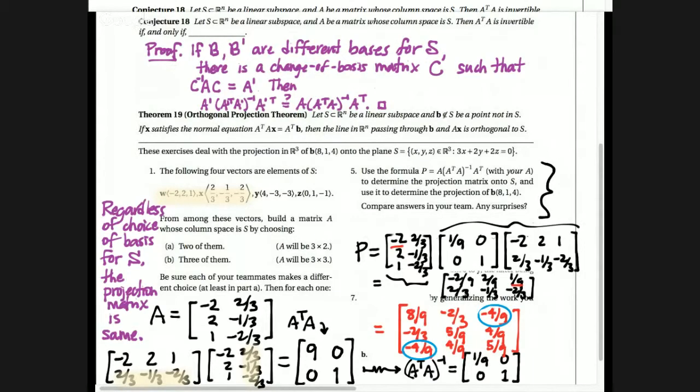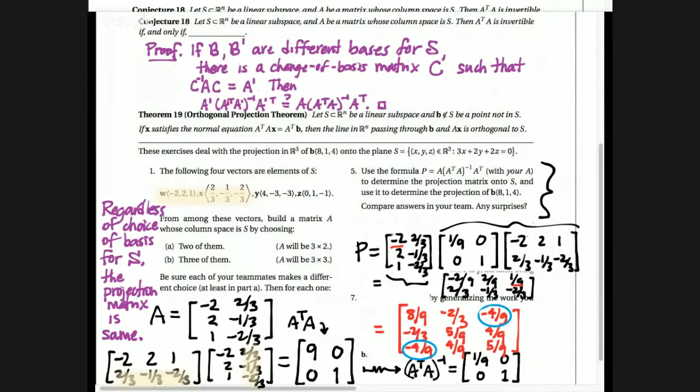On the other hand, in the channel, you're raising the question that depending on the basis that you choose, you are going to get a different A transpose A, and that I absolutely agree with. I mean, we saw examples a few minutes ago of all the different A transpose A's that your groups got.